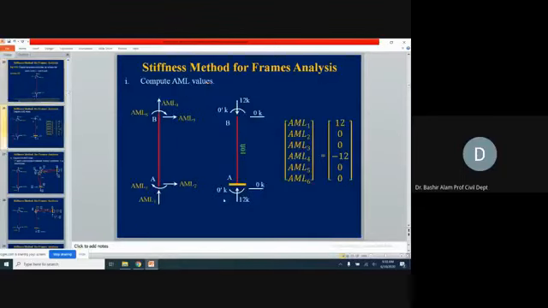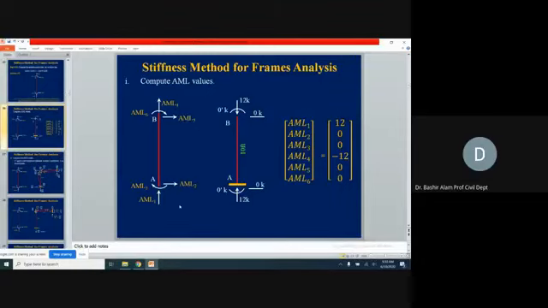But then that sequence has to be followed for the AMLs and for the AMDs also. Now, from where are we going to pick our AML values? We pick those from where we generated our ADL values, which was the restrained structure under the actual loads. And remember what was there, this 12 and this 12 we discussed, coming from the horizontal member.